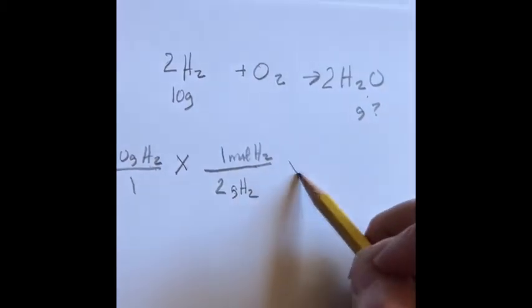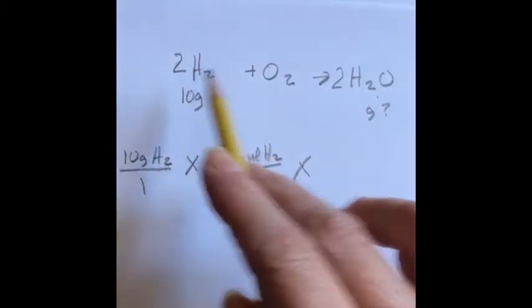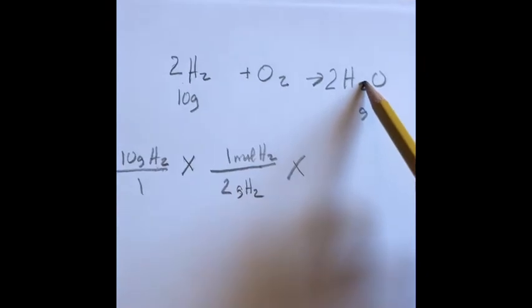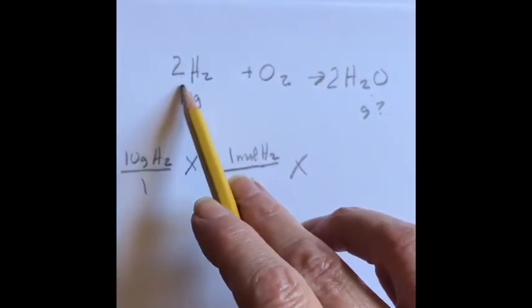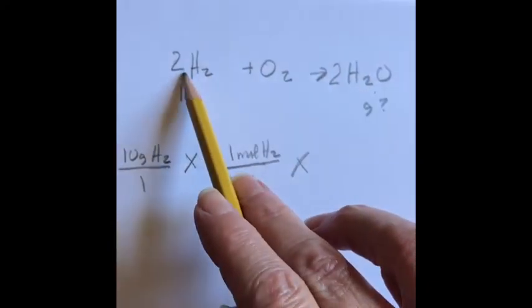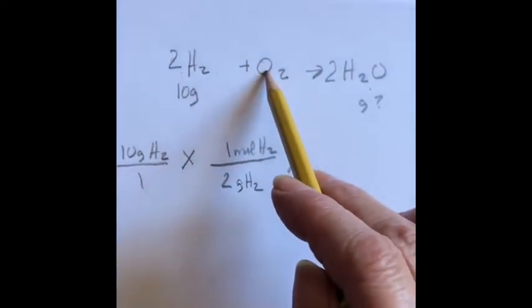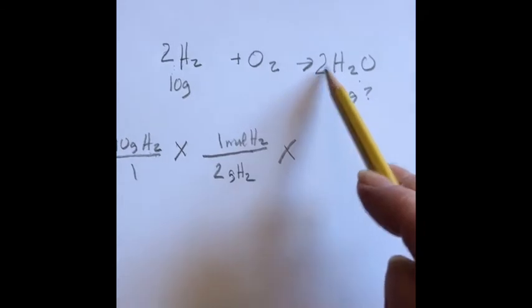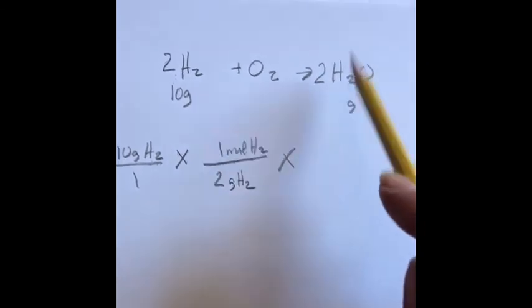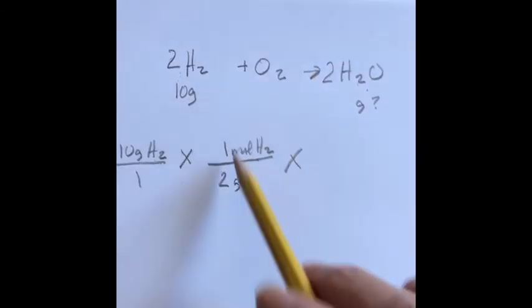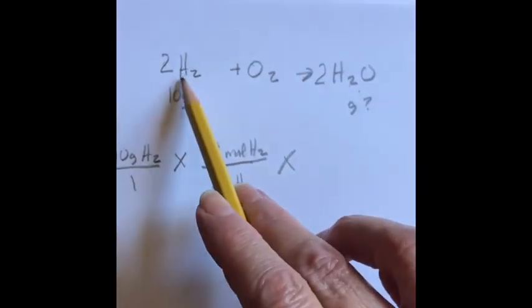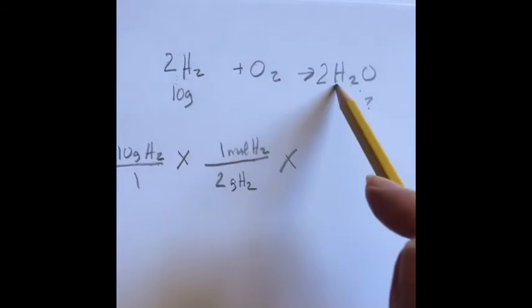And then we're going to multiply that by the ratio of hydrogen to water that's in the equation. You can say this balanced equation is 2 moles of hydrogen plus 1 mole of oxygen gives 2 moles of water. So that's just kind of how simple moles are. So the relationship between these two things is a 2-to-2 relationship.